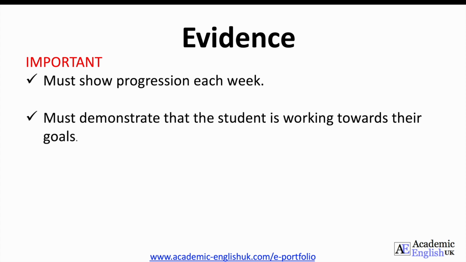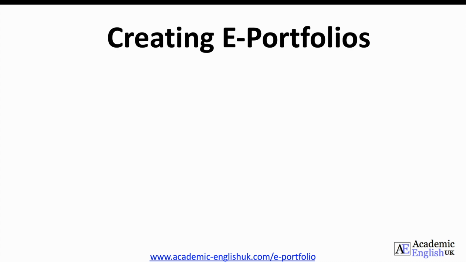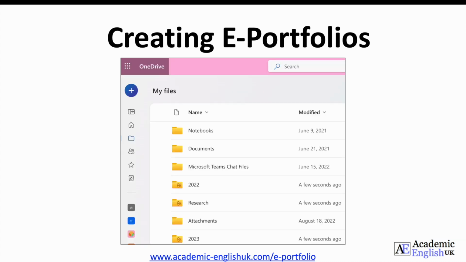Okay, now we'll look at OneDrive. So, let's now look at how to create an e-portfolio using OneDrive. I'm going to assume that your students already have access to OneDrive, so we'll start from the My Files section. It should look something like this.